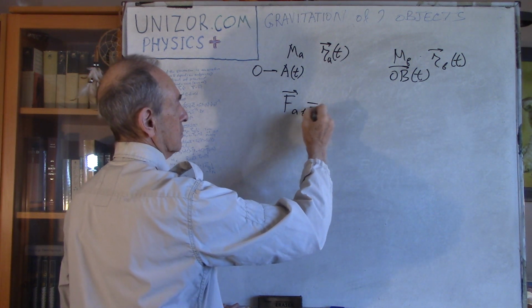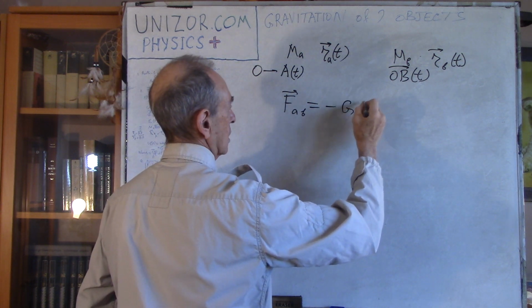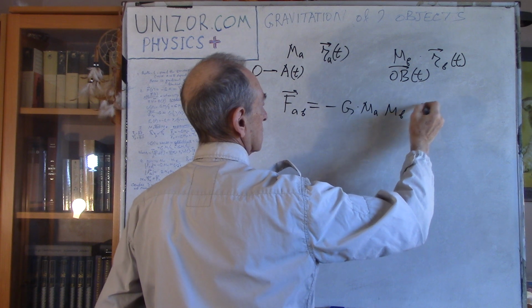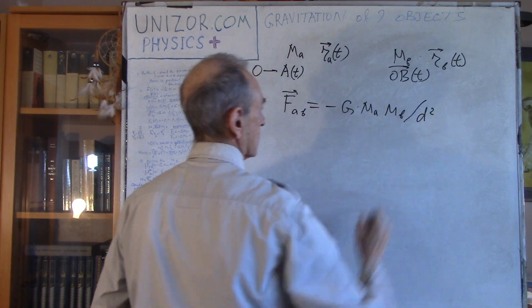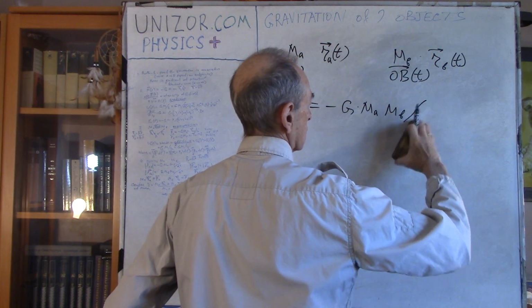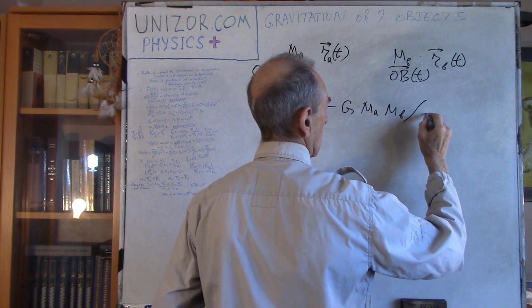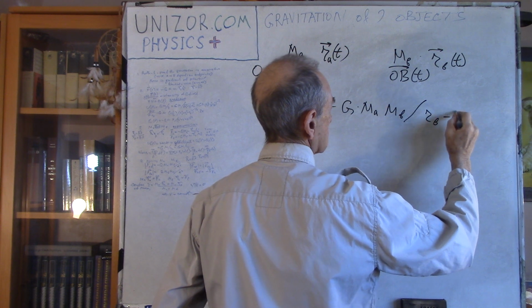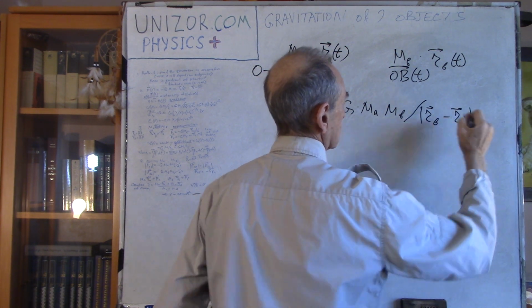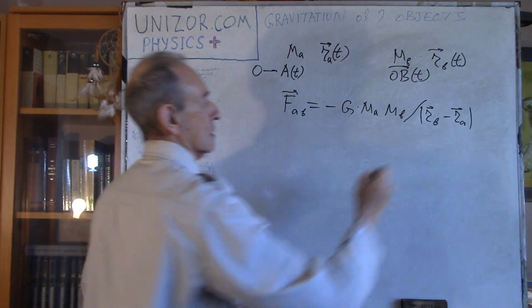Well, that's obviously minus G MA MB divided by distance between them. Well, distance between them, if you wish, that's basically RB minus RA, these two vectors, and you have the modulo. That's the distance square.